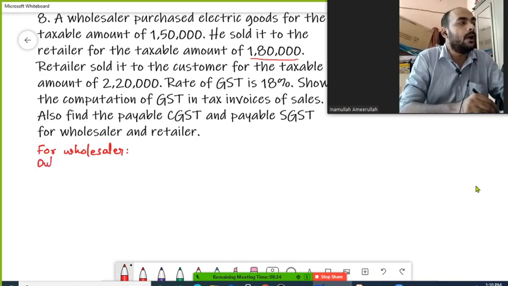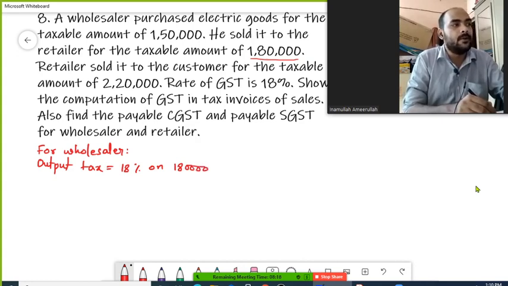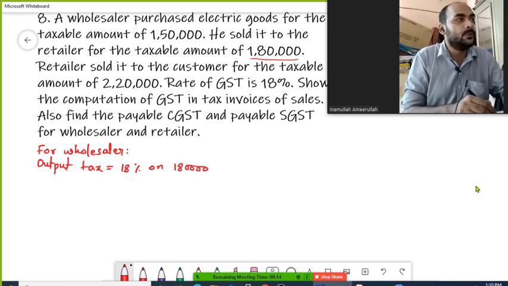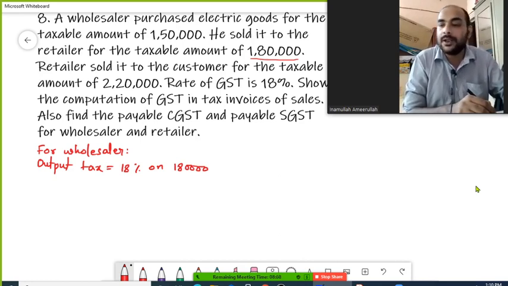So output tax would be 18% on 1,80,000. This is the amount at which the wholesaler sold the electric goods to the retailer, that is 1,80,000.